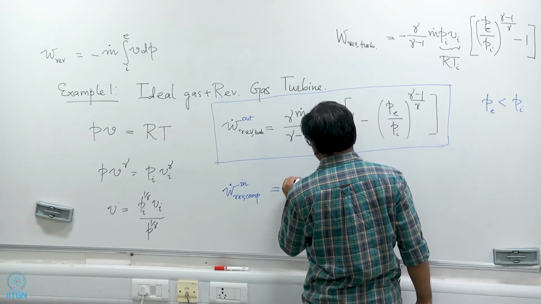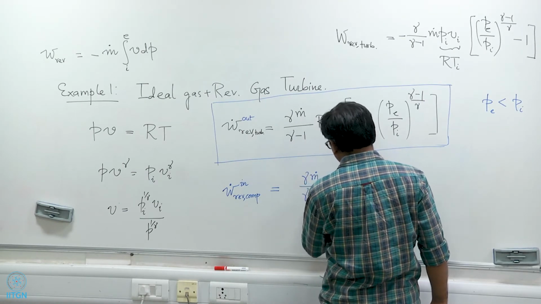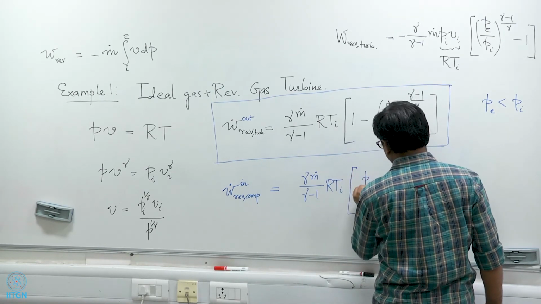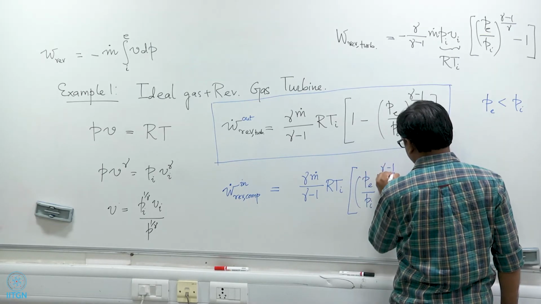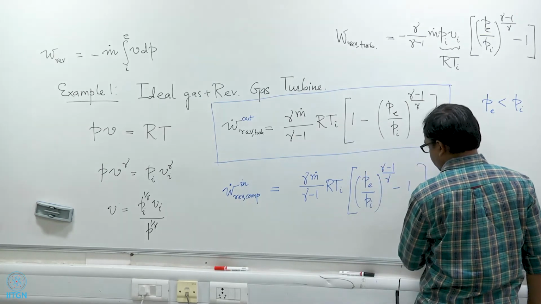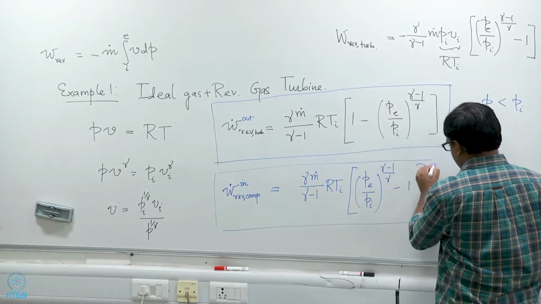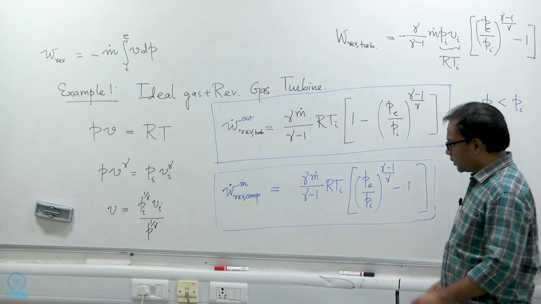That just becomes gamma m dot by (gamma minus 1) R T_I times [(P_E by P_I) to the power (gamma minus 1) by gamma, minus 1]. This is work input for a compressor, again working in an isentropic way. So, this is an isentropic compressor.